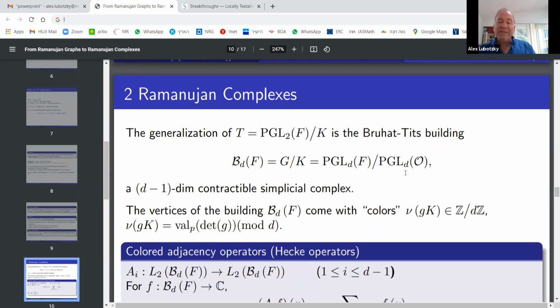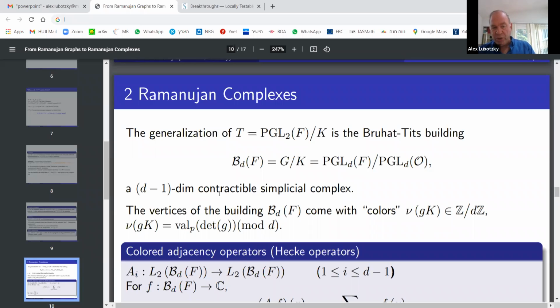Just like in the case d equals 2, where this was a tree, now we are getting a d minus 1 dimensional contractible simplicial complex. It's an infinite simplicial complex with some incredible properties of symmetries, generalizing the notion of tree to a higher dimensional situation.